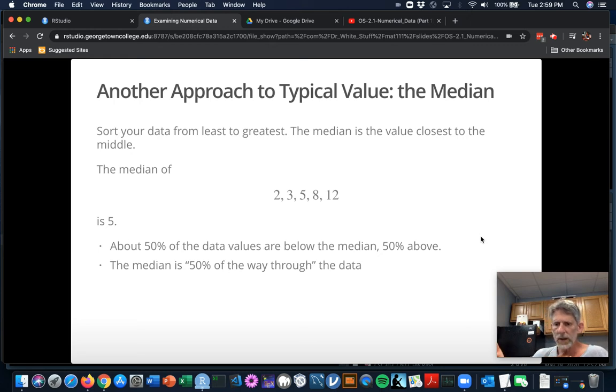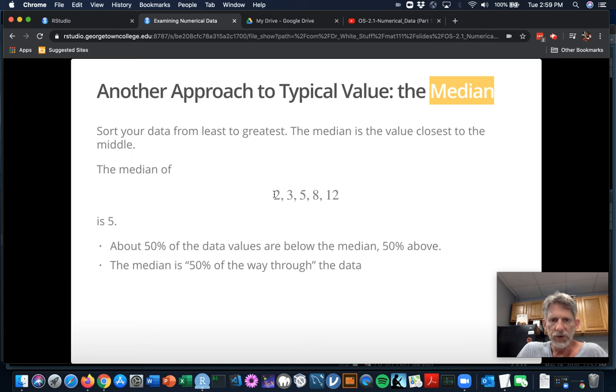So the mean as a measure of typical value, and the standard deviation as a measure of how spread out the data is. But there's other approaches. Another approach to a typical value for a data set is the median. And how do you find the median of data?